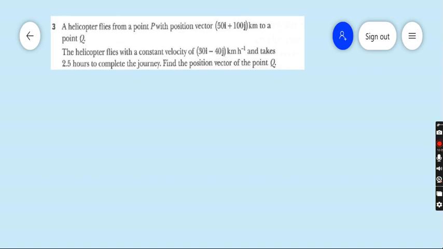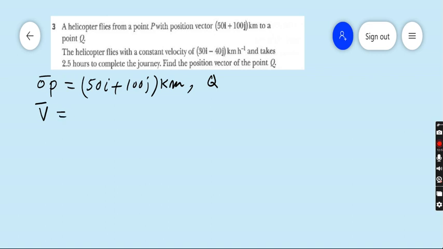A helicopter flies from a point P with position vector, so we can say this is position vector OP, 50i plus 100j kilometer, to a point Q. The helicopter flies with a constant velocity, so the velocity vector is given as 30i minus 40j km per hour, and takes 2.5 hours.